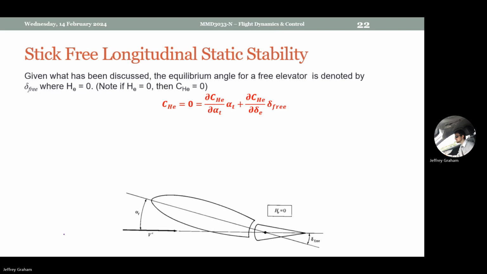Right. Typically, it's the elevator that does the job. So what we can do is decide an angle for this. And we can very quickly rearrange this equation to determine the elevator deflection.